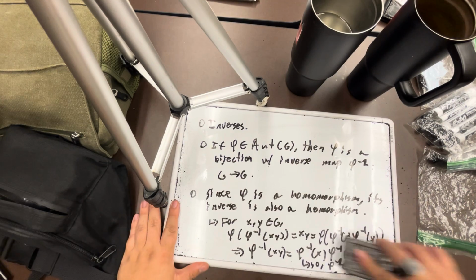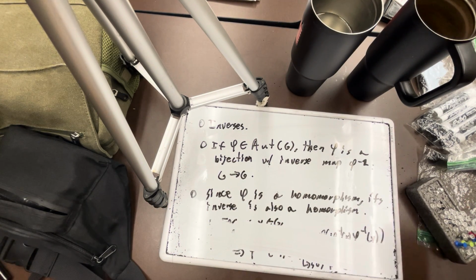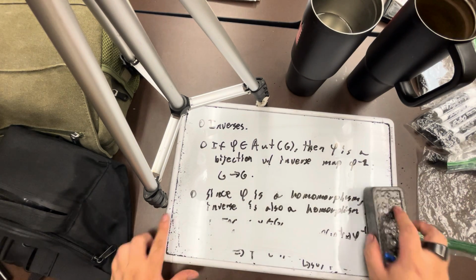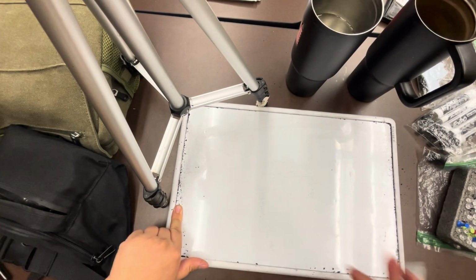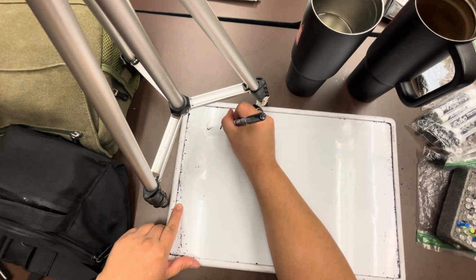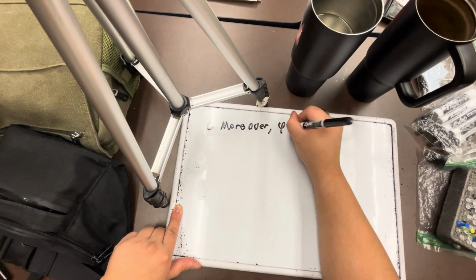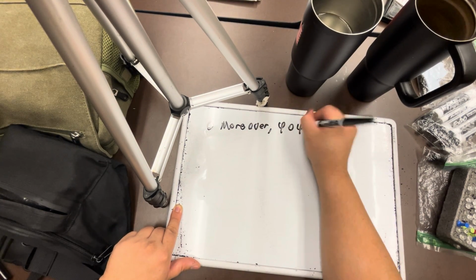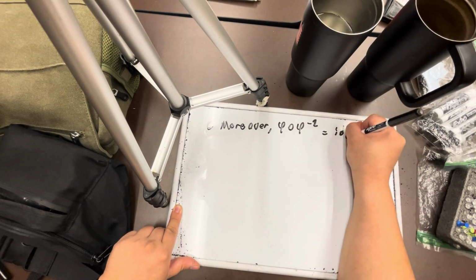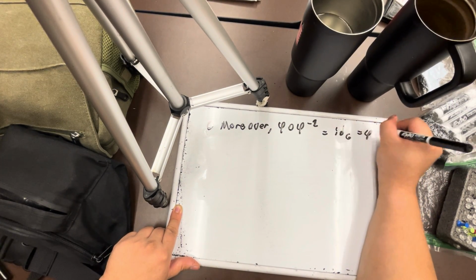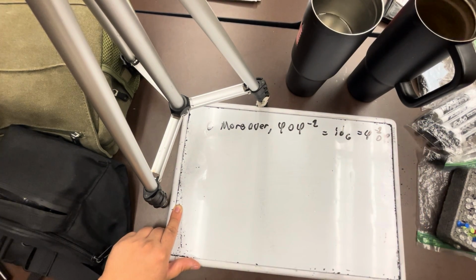Okay? Now, oh goodness. My making this a pincushion may not have been the best idea, but let's go on to discuss this further. So, moreover, phi of phi inverse composed with phi inverse is equal to the identity of G, which is equal to phi to the negative 1 composed with phi.